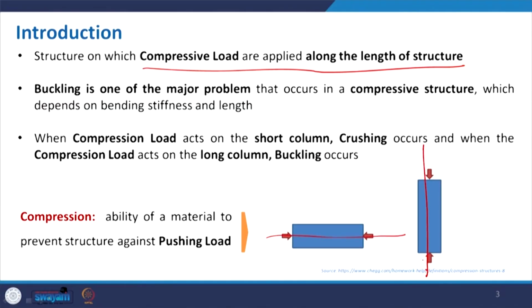In this case, this is the main axis, and the load applied to it gives compression. At the micro level, all these particles are trying to compress, coming close to each other. So, in a compressive structure we predominantly see compressive load.